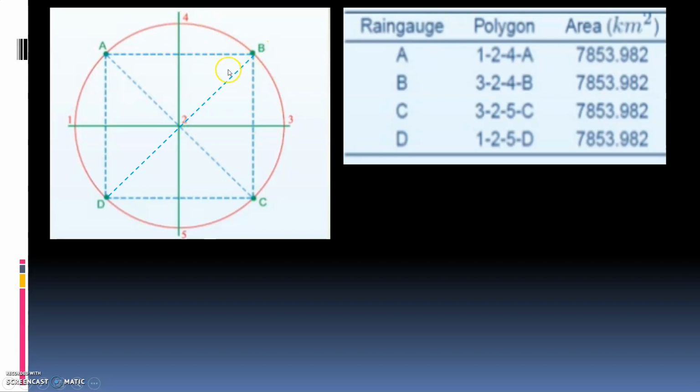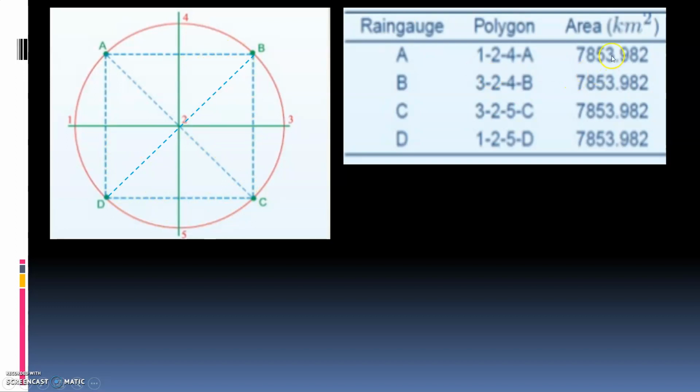Similarly, for C, that is 3, 2 and 5. For D, it is 5, 2, 1 or 1, 2, 5. For A, this is the area. For B, this is the area. For C, this is the area. For D, this is the area.